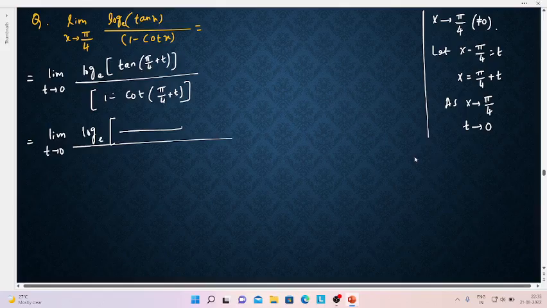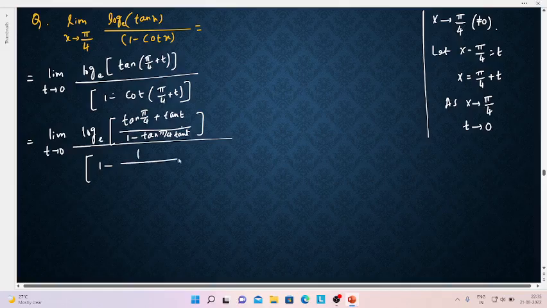So similarly tan of pi by 4 plus t can be written as tan pi by 4 plus tan t over 1 minus tan pi by 4 times tan t, right? Similarly on the denominator we can write this cot function as 1 over tan of pi by 4 plus t.